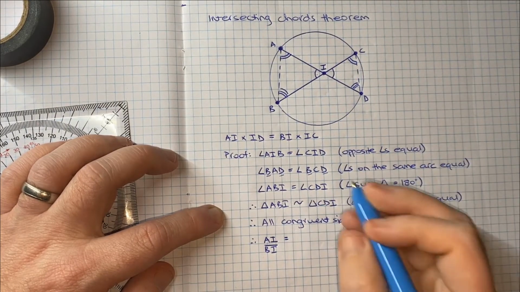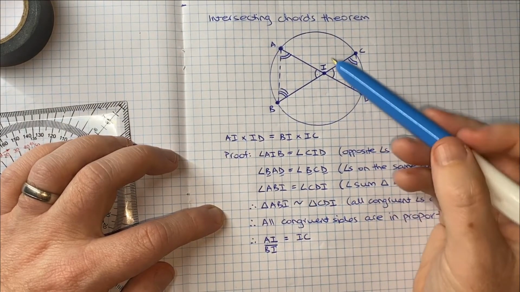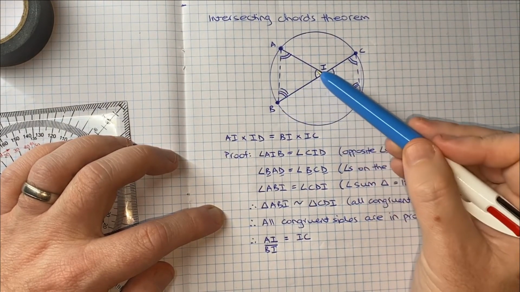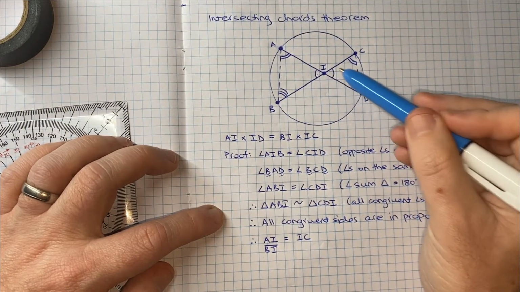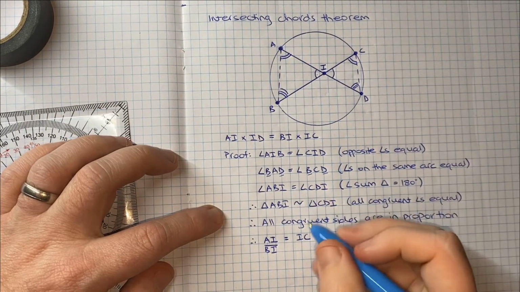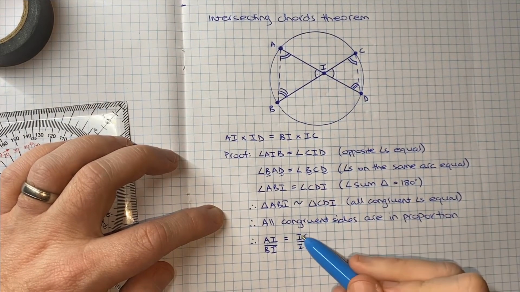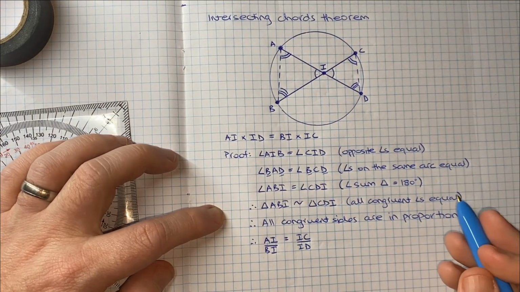So if I want AI up here, I need to write IC. And then similarly, if I'm thinking about BI, that's got the 3 lines and the single line. So the equivalent there is going to be I to D, which is the 3 lines and the single line. So that's going to be down the bottom, ID. So we know those two ratios will be the same because all congruent sides are in proportion.